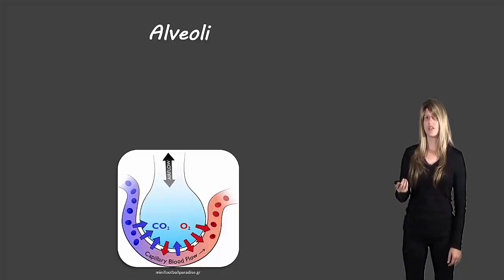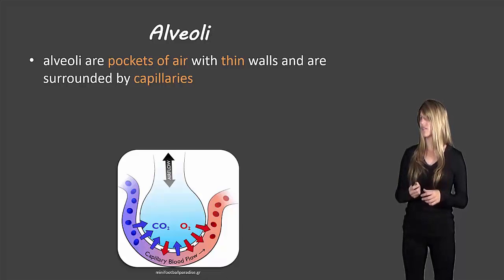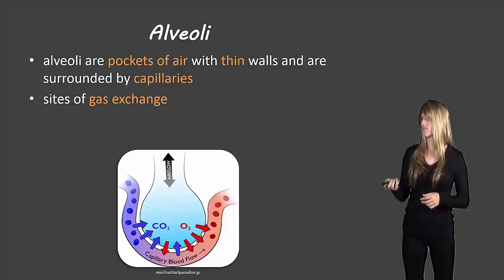So let's take another look at the alveoli. So these are pockets of air with very, very thin walls, and they're surrounded by capillaries. Now, if you haven't watched the video yet on the circulatory system, you'll learn all about capillaries when you watch that video. If you have, you'll probably remember capillaries. These have very, very thin walls, and they allow only a single blood cell through at a time, and so it allows each blood cell to interact with the alveoli.